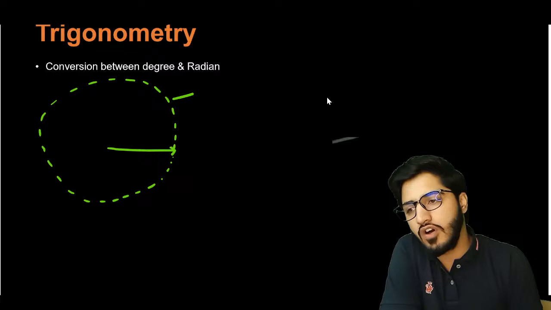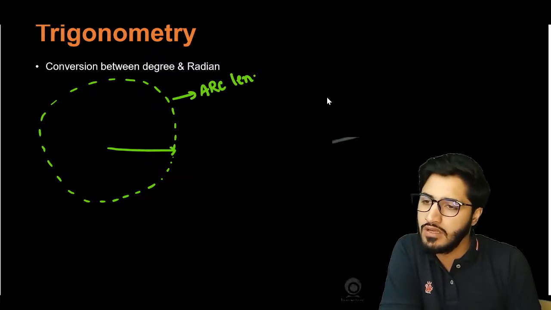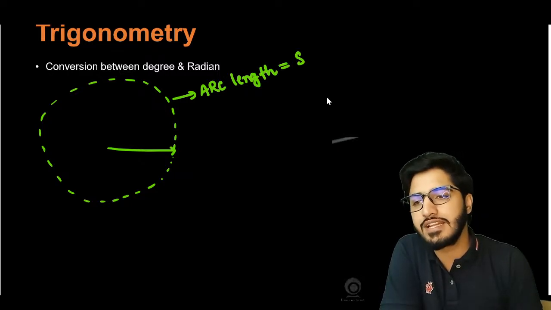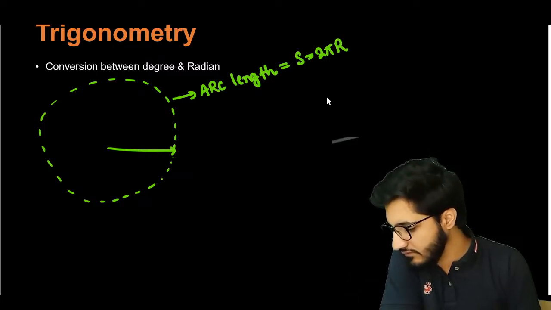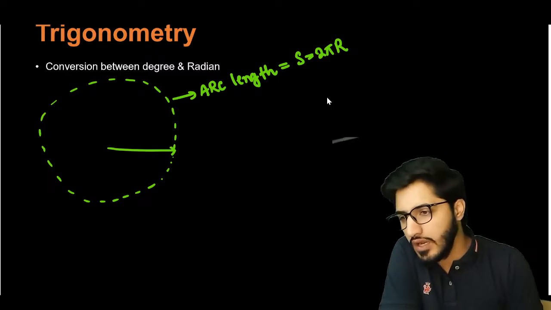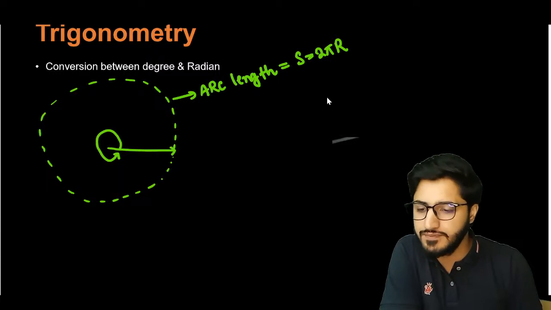This would be an arc length. The length of this arc length would be S, and that is 2 pi r. Clear? And what would be the angle at the center? It would be 360.